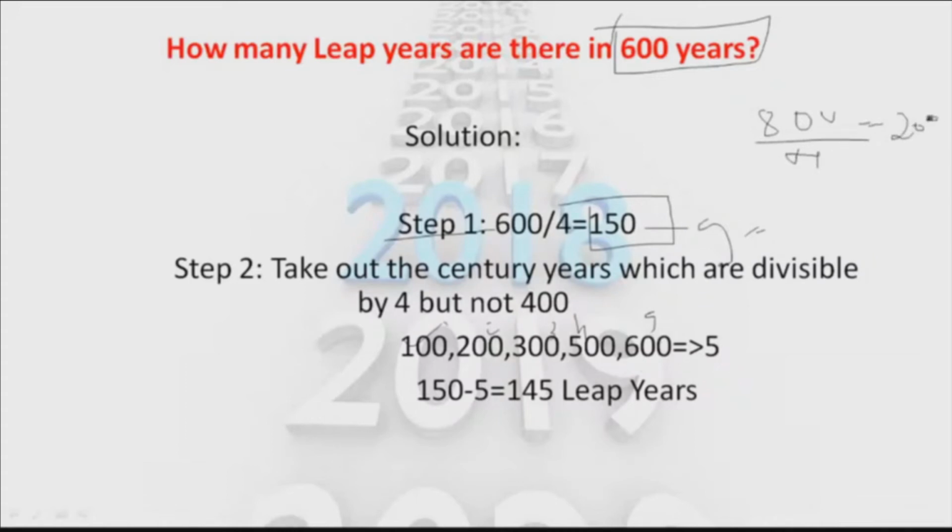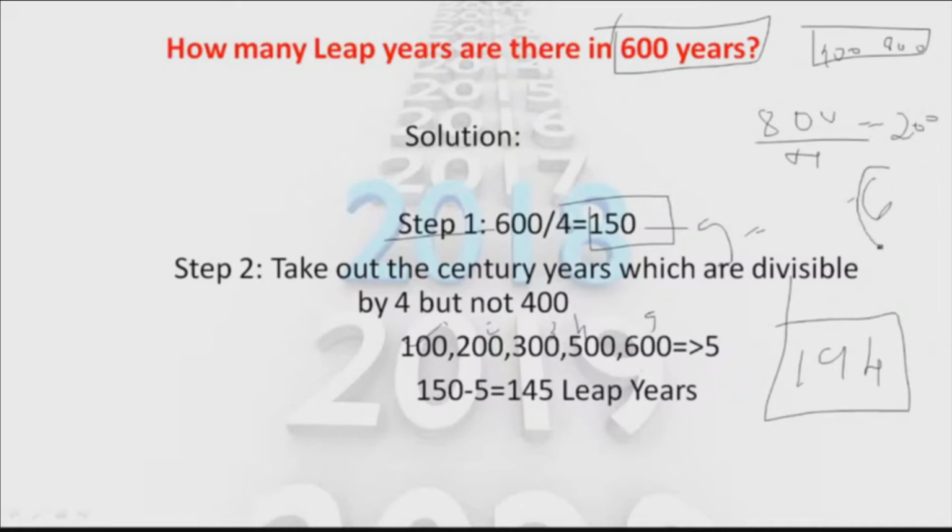Now you need to see how many non-leap century years there are. You know 400 is a leap year, 800 is a leap year. Out of 8 century years, 2 are leap years. So obviously 6 will be non-leap years. So 200 minus 6 will give you 194 as the answer. Why 6?